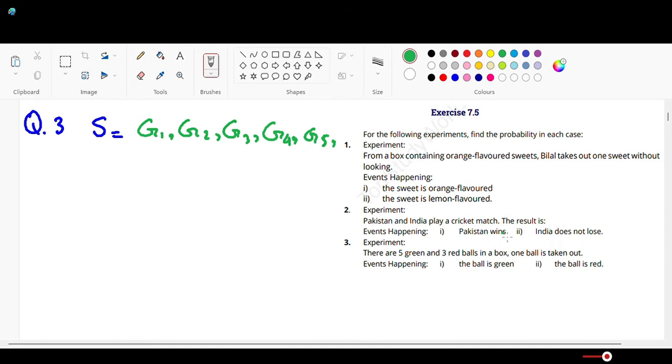And then over here red, R1, R2, and R3. So there are 5 green and 3 red balls in a box.